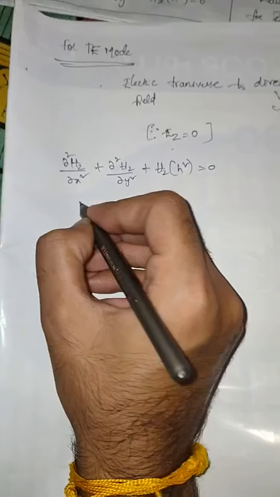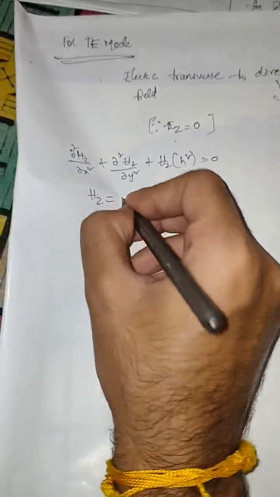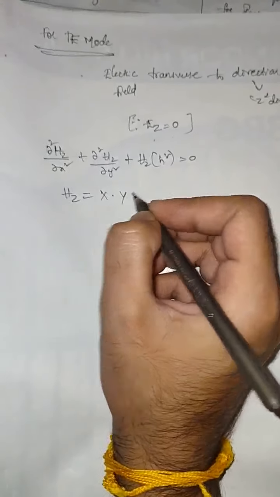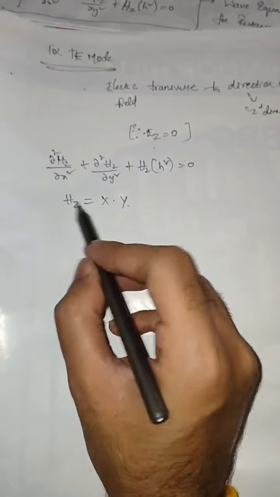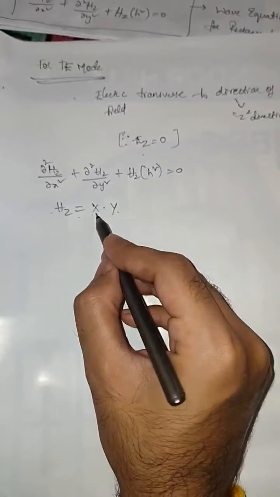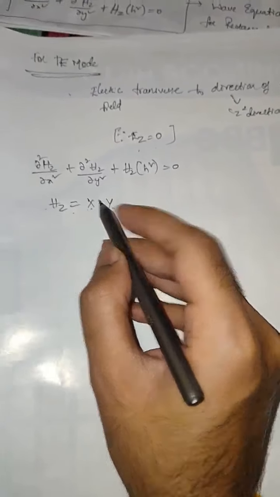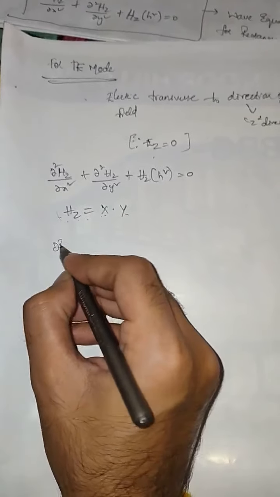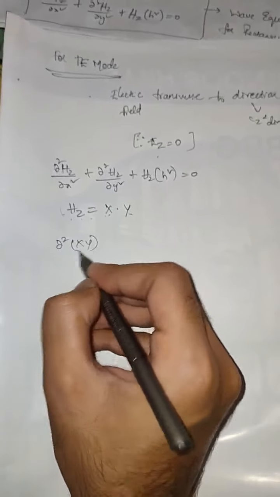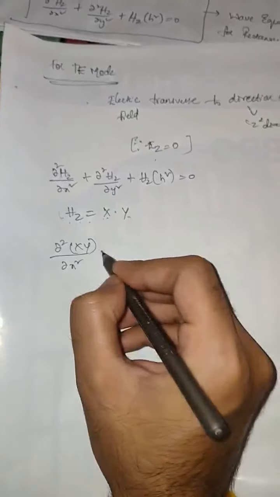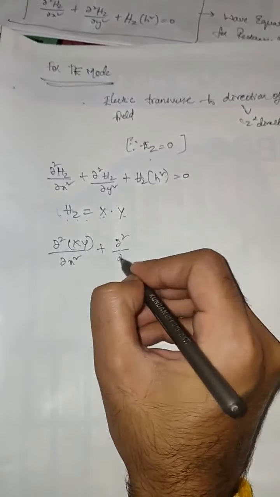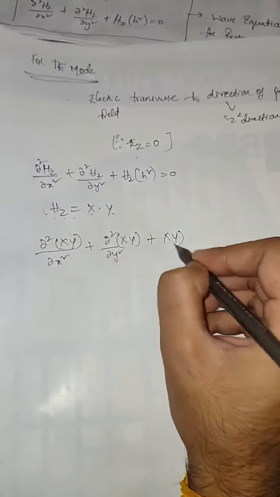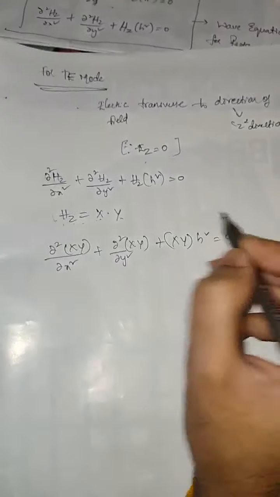In the manner we have derived in the last case, Hz has components in the x and y directions. So we take Hz as X times Y, where X is a function of the x variable and Y is a function of the y variable. Now substitute Hz in place of XY: dou square XY by dou x square plus dou square XY by dou y square plus XY h square is equal to 0.